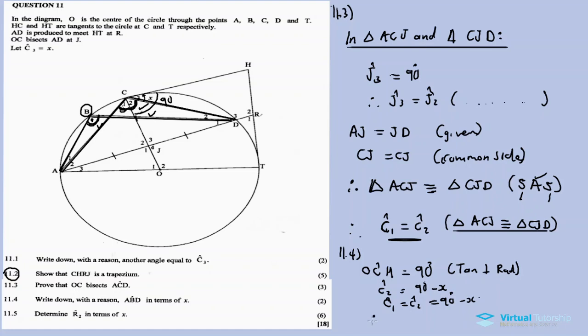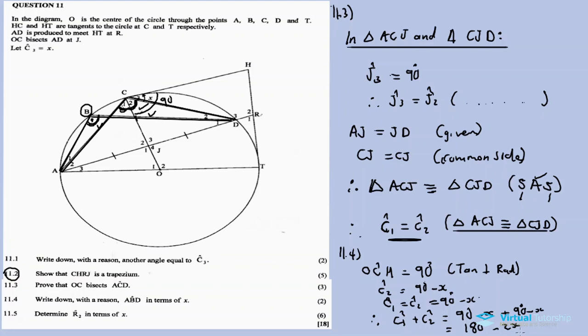That means C1 plus C2 equals 90 degrees minus x plus 90 degrees minus x. So here I have 180 degrees minus 2x.